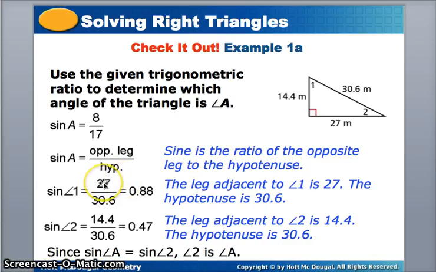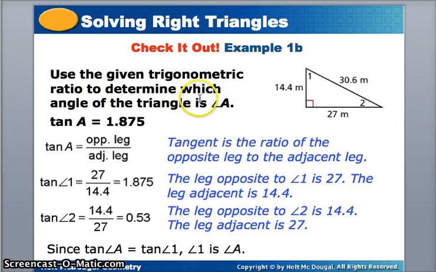We check first with 27 over 30.6, we get 0.88. We check with 14.4 over 30.6, we get 0.47, and the 14.4 is opposite of angle 2, so angle A is describing angle 2 in this situation.